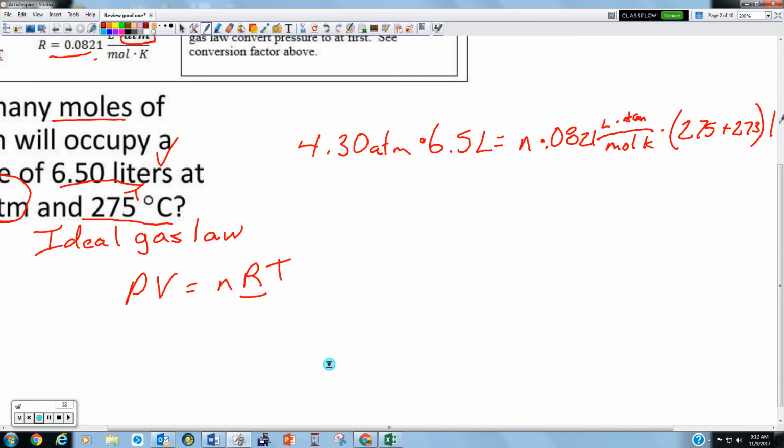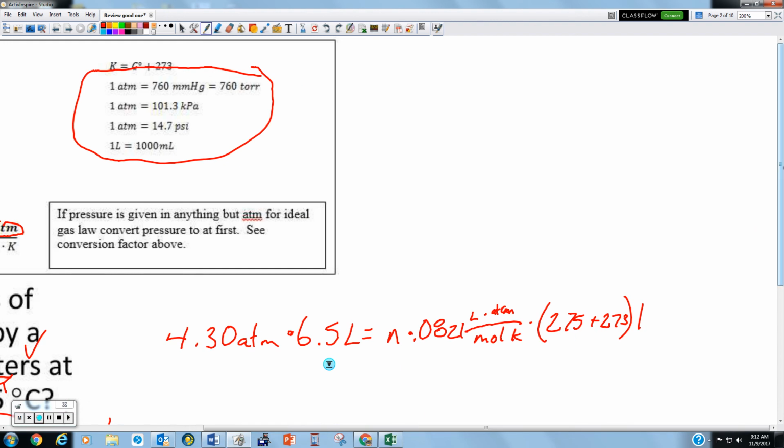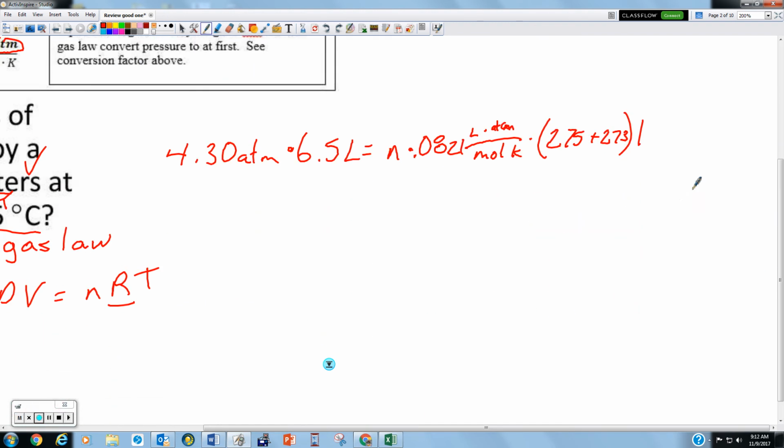The other thing I want you to recognize with this is the units on our R value. This liter, atmosphere, mole, K, all that is for is to allow you to see what your final unit is going to be in. So we're solving for mole.